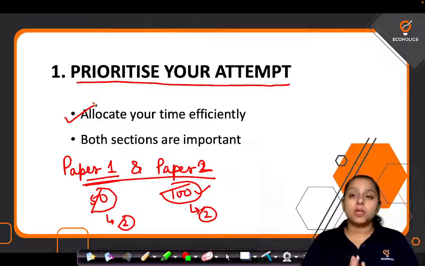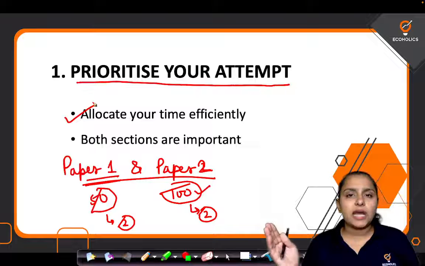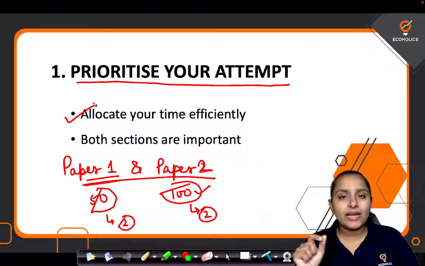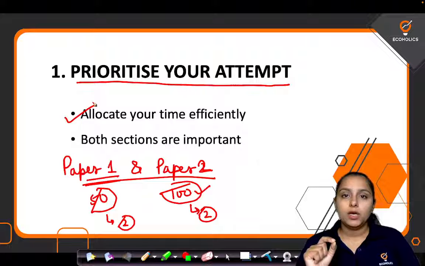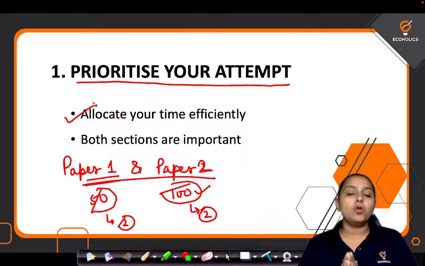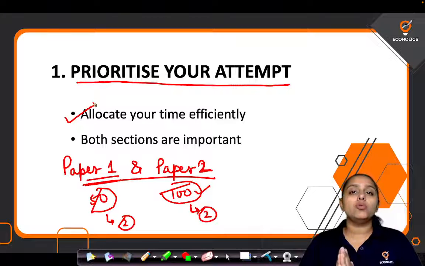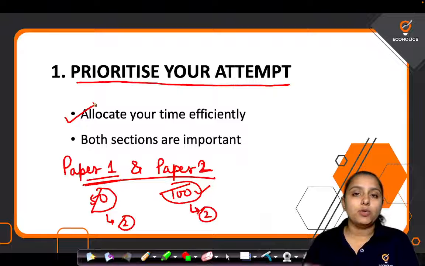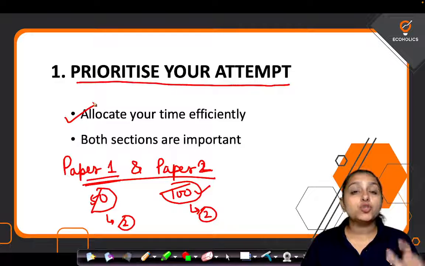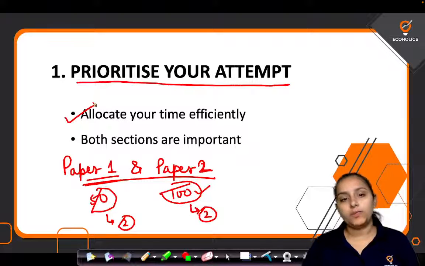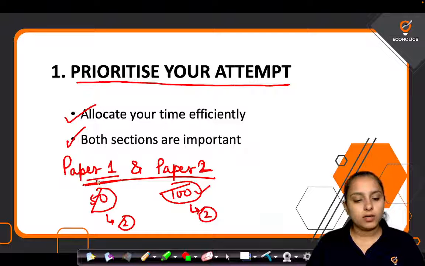Whatever time you are allocating to study paper 2, at least half of that time should be devoted to studying paper 1, because both the sections are important.